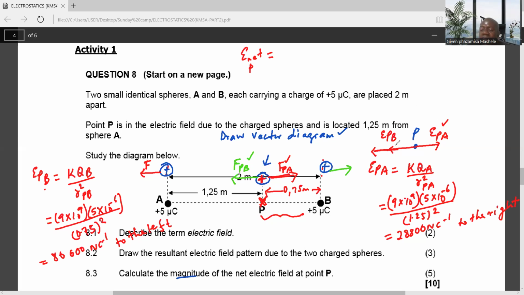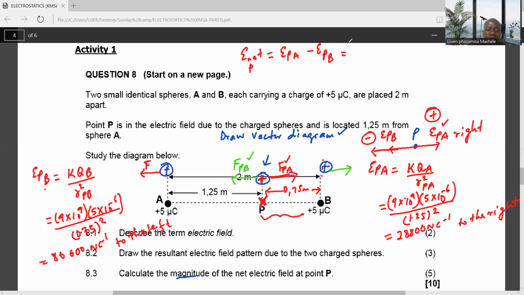Let's consider the direction. The electric field at P due to A is directed to the right, so let's choose right as positive, then left as negative. So we want to get the E net. To do that, you're going to end up subtracting: it's going to be the electric field at P due to A minus the electric field at P due to B.